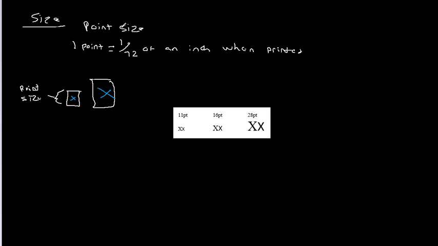So point size is just this sort of carryover from the printing press. Generally speaking, the larger the point size, the bigger the font, or the bigger the letters, I should say.